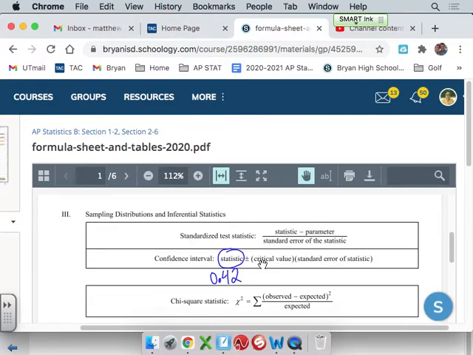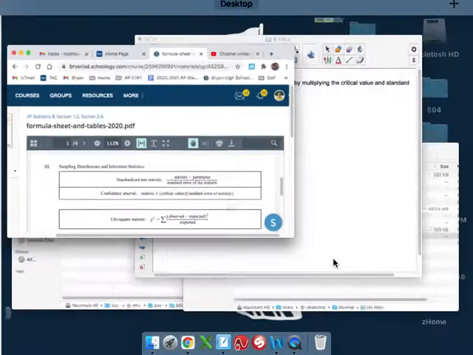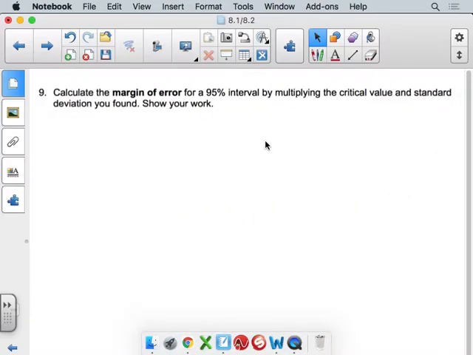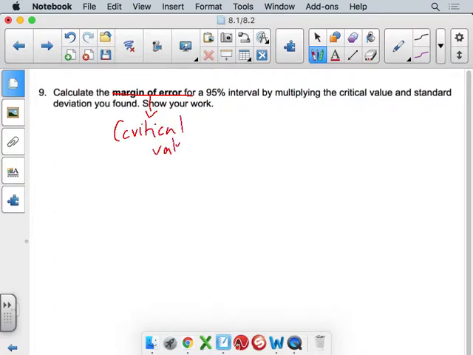This is how we get our plus or minus value. It is critical value times standard error. So let me write that. Margin of error is critical value times standard error.